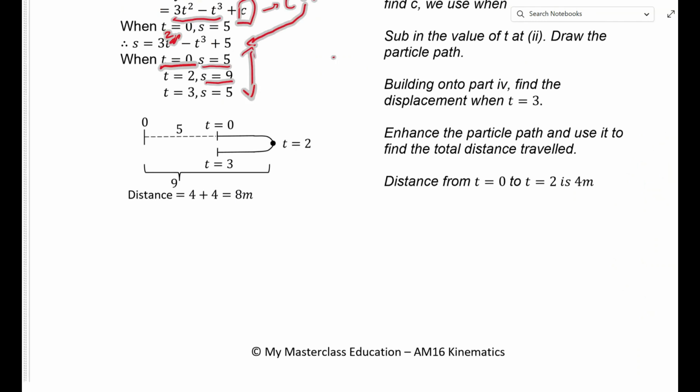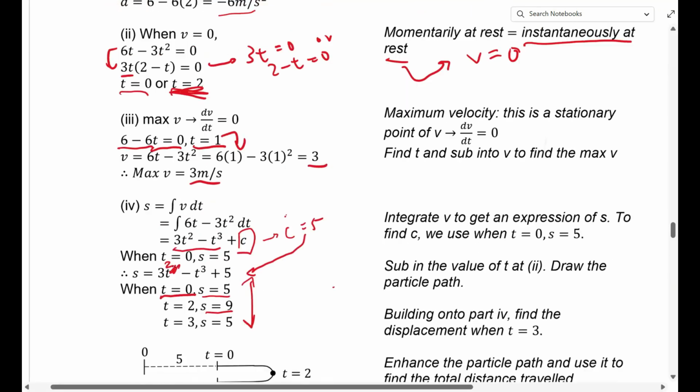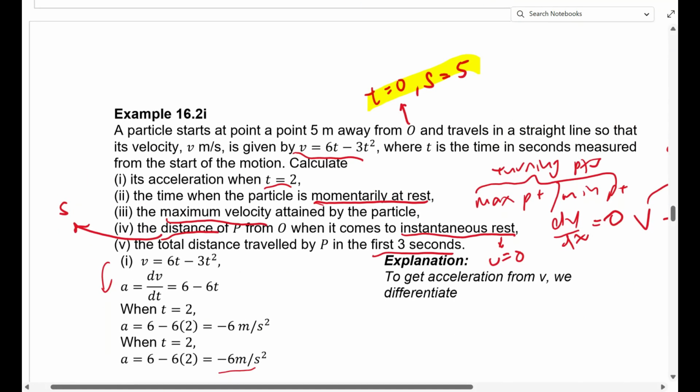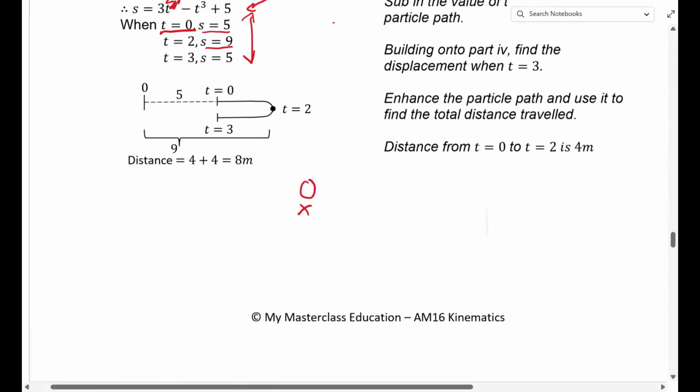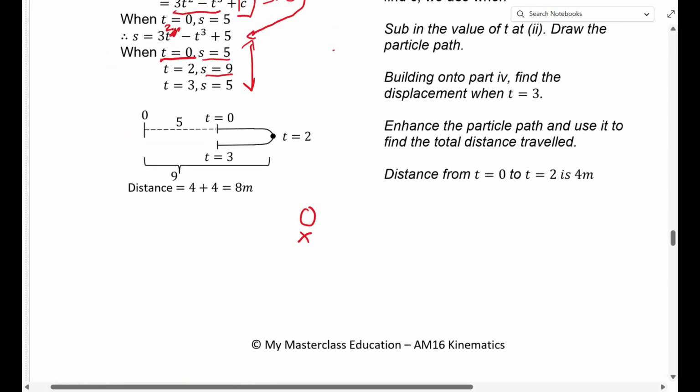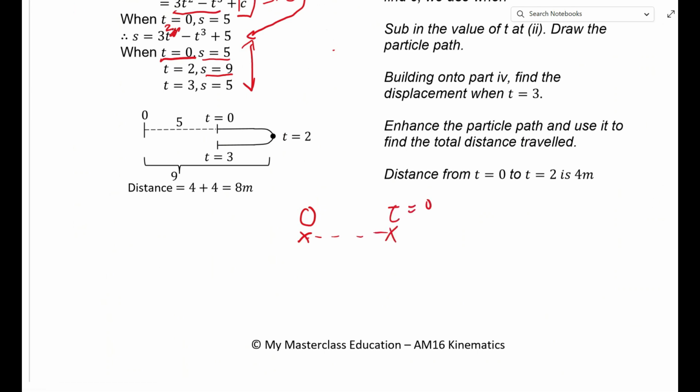You will start off with your fixed point O. From the question, we know that the particle starts at a point 5 meters away from fixed point O. So this fixed point O is not where t equals 0. t equals 0 is actually here, 5 meters away from fixed point O. So t equals 0 is here, and then the particle will start traveling until here. This is where it changes direction, so t equals 2. So at t equals 2, s equals 9.